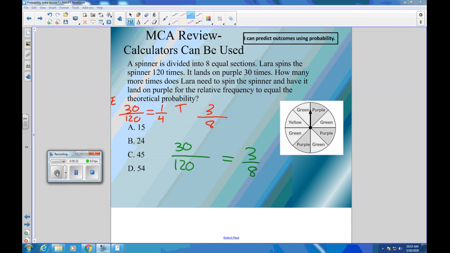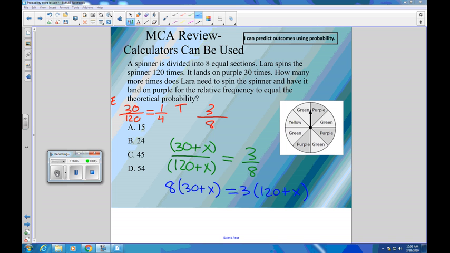So I'm going to take 120, because that's the total amount of spins, plus x. How many more spins does she need? We're going to pretend that all of those spins are purple. So we're adding that to our 30 purples. So we have 30 plus x over 120 plus x. I'm going to put these in parentheses, because we're just going to cross multiply. So I'm going to take 8 times (30 plus x) and set that equal to 3 times (120 plus x).